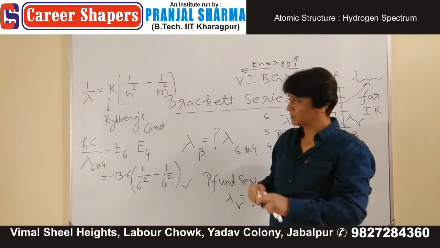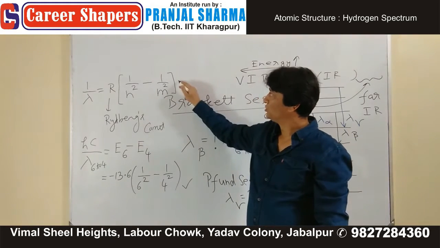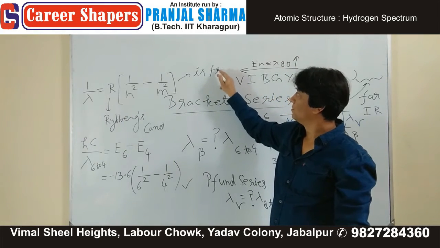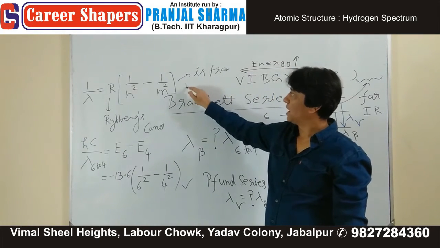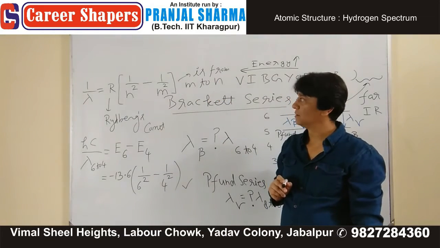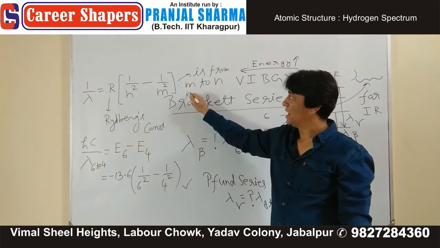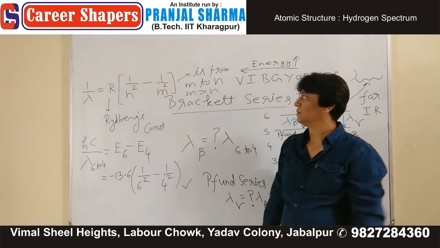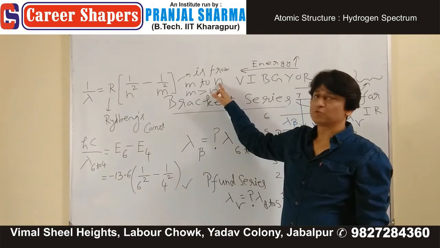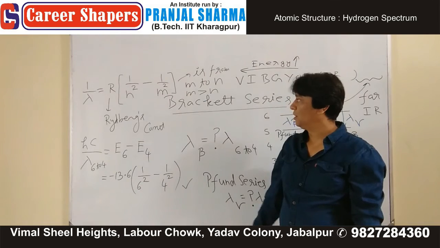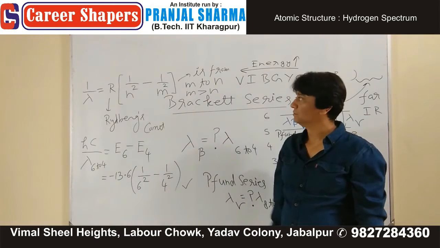So in this case, the jump is from m to n. That means m is greater than n. When n is 1, you get the first spectral line of Lyman series and so on.